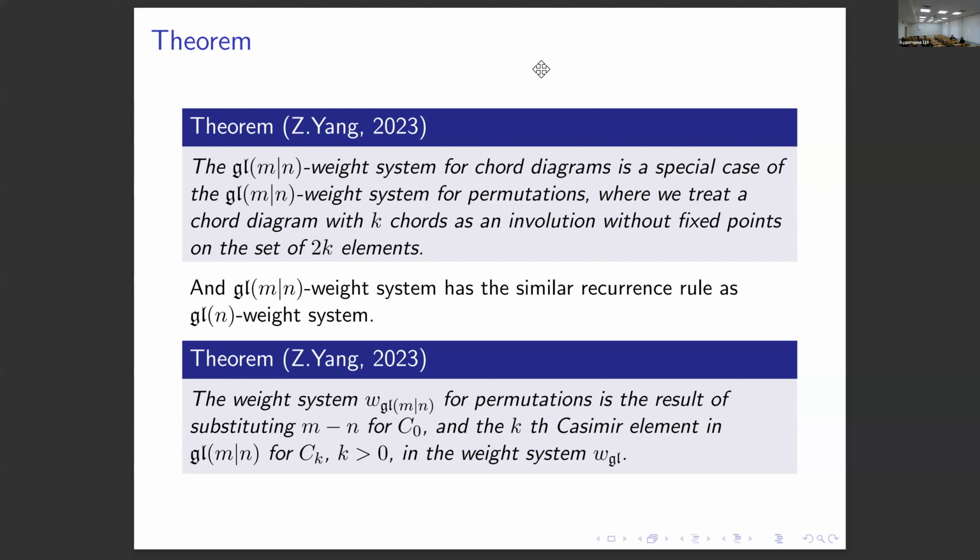Sigma 1 is from S_n, sigma 2 is from S_m, and the product is a permutation on the m plus n elements, and the permutations remain the same. You call this concatenation. Yes. And the weight system is multiplicative with respect to concatenation.